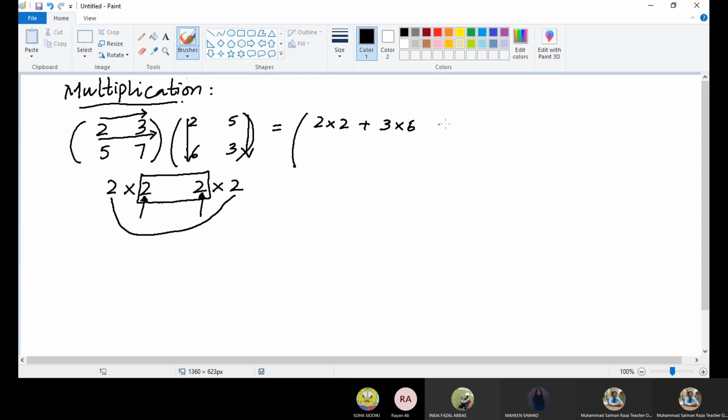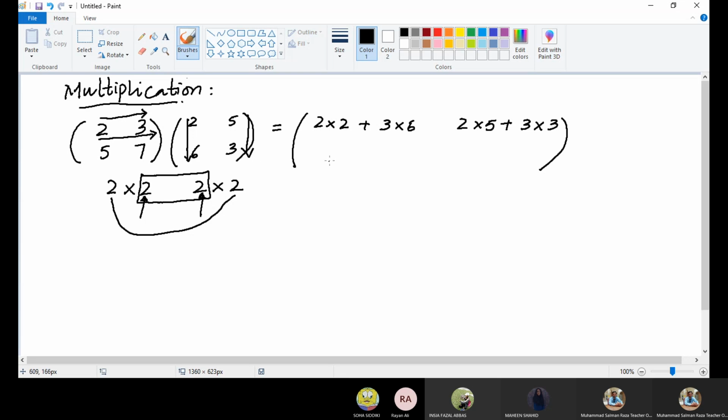So we leave a distance over here and we'll write it from here. That 2 multiplied by 5 plus 3 multiplied by 3, and then close the bracket. I repeat it again, first row, first column, and then first row, second column.